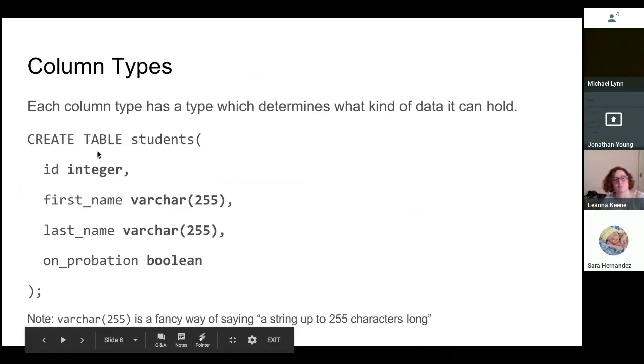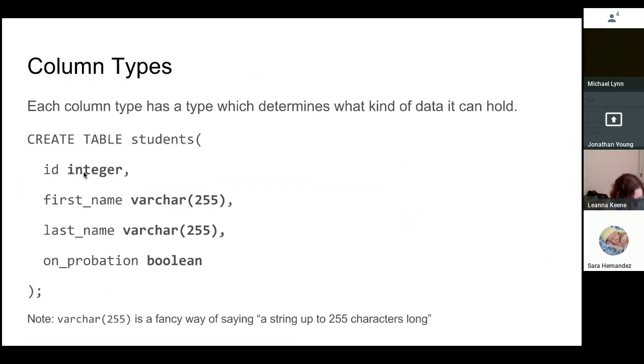So for the ID, I'm only accepting integers, whole numbers, to be exact. First name, I'm going to accept a string up to 255 characters long. Same thing with last name, and then on probation, a Boolean, I'm only going to accept true or false. So you set those expectations ahead of time so that when you create new records, it's not going to save unless you want it to save.